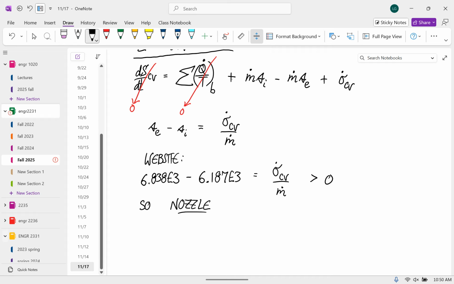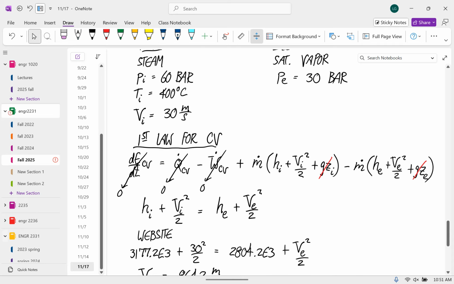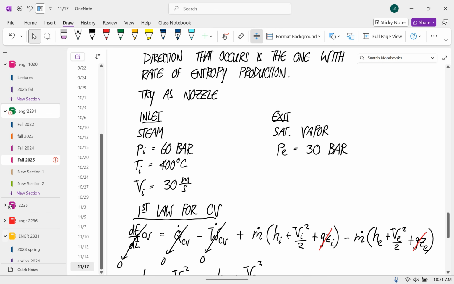We got to the velocity and saw that it was over 800 meters per second, that it increased. Could that be enough to say that it was a nozzle, or do we have to go through the second law to confirm that? Well, we didn't even need to calculate that speed, did we?